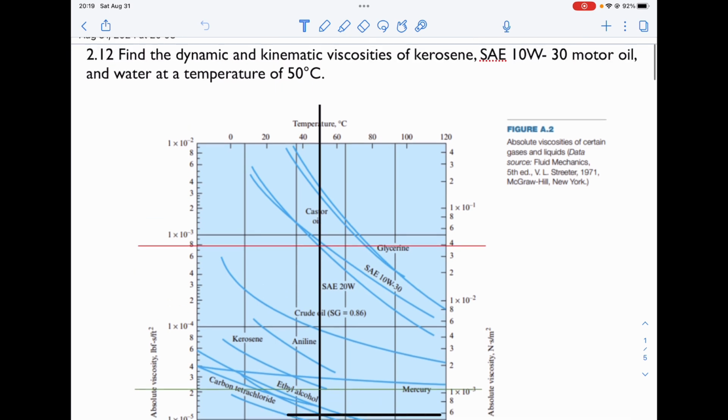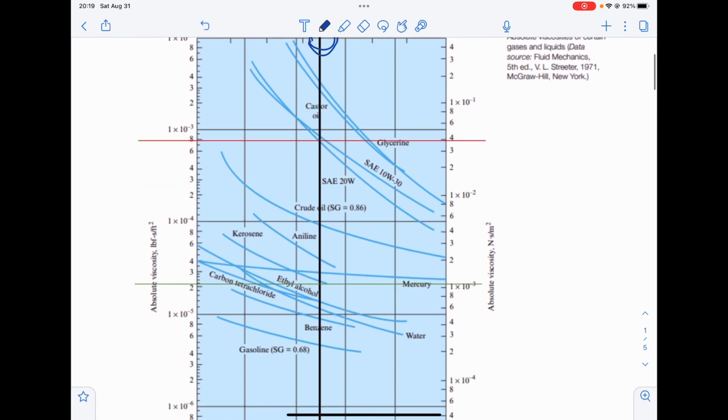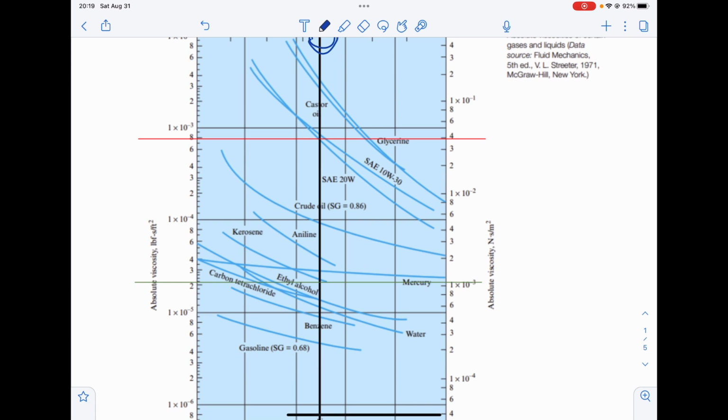We find the temperature at 50 here, then go down and find the motor oil, which is this line here, and find the cross here, and it will be at 4. So your number will be 4 times 10 to the minus 2 newtons times second per meter squared.